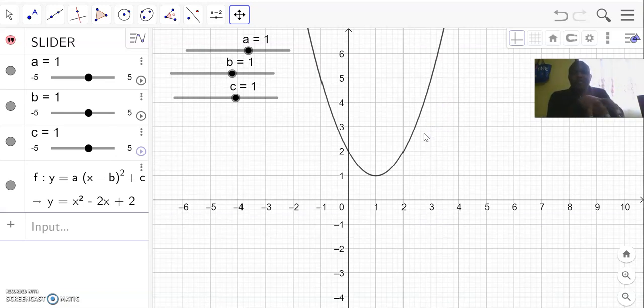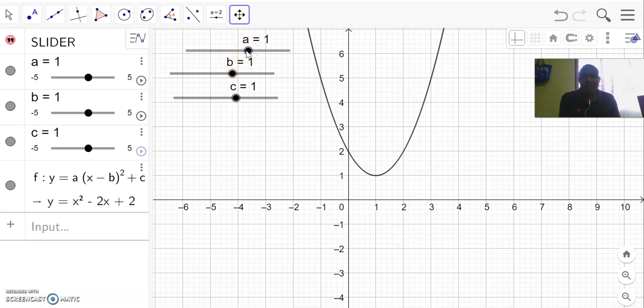When you're dealing with this particular topic, the students have to get the facts and the experience of the changes that we have in A, B, and C. So if I start changing, now look at our vertex equation here. Let me start changing A. They are all 1, 1, 1.